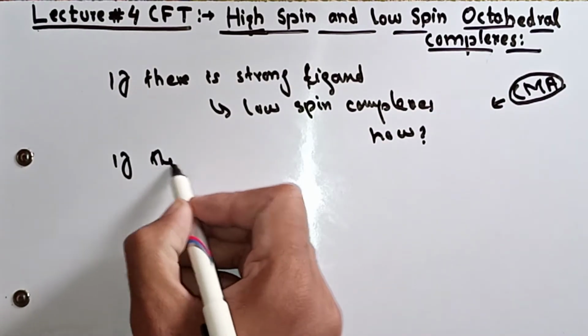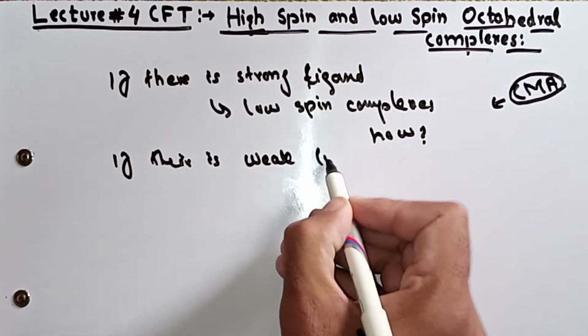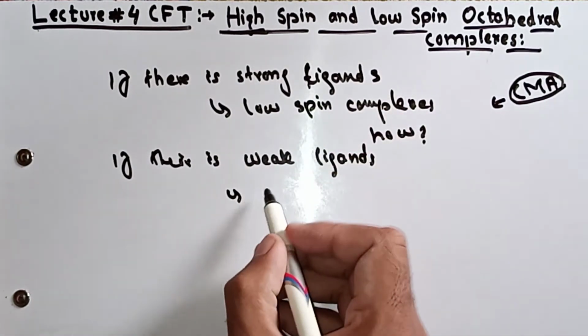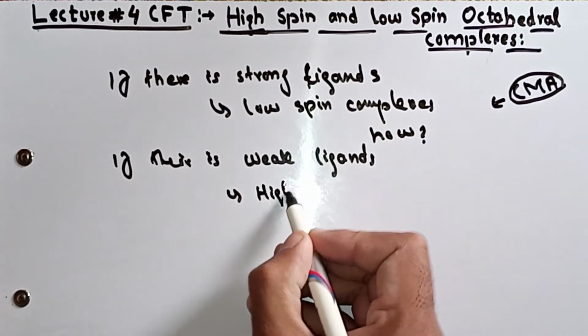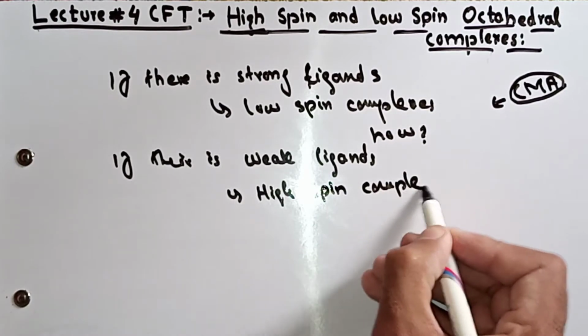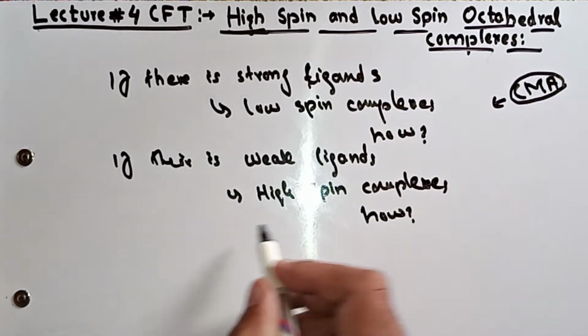If there is a weak field ligand, then high spin complexes will be formed. How? Today in this lecture we will explain all of these.